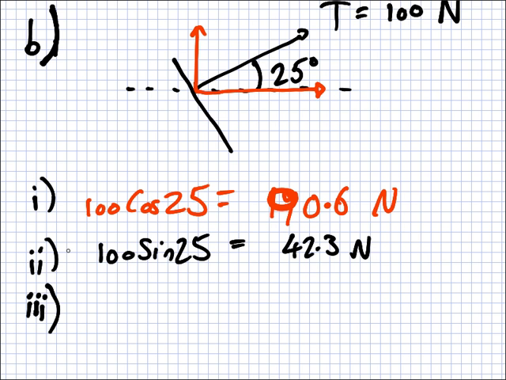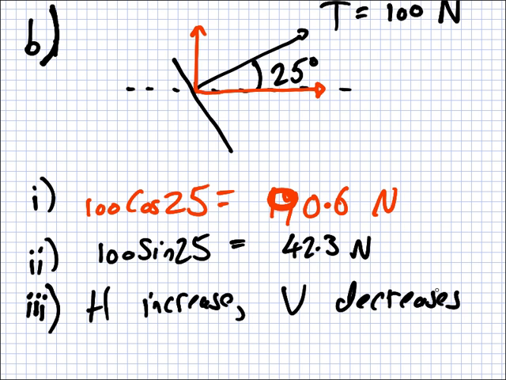If you change it from cos 25 to say cos 20, it increases. So the horizontal increases, and the vertical decreases. Okay.